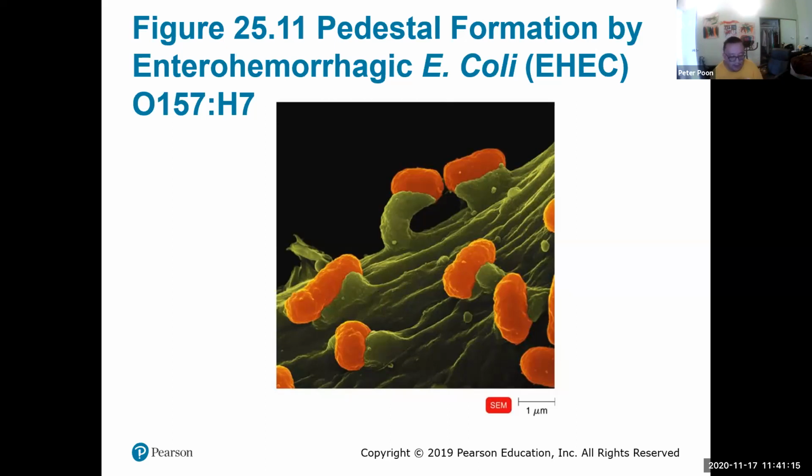The other reason it's so commonly found in hamburger is that the hamburger you eat at McDonald's is not the meat of one cow. It's the meat of many cows ground together. So if one E. coli population gets in there, it will spread throughout the whole batch, and the whole batch can be contaminated with E. coli.